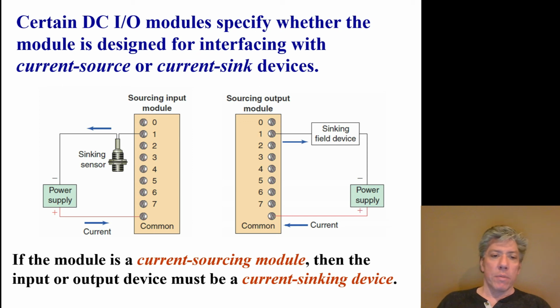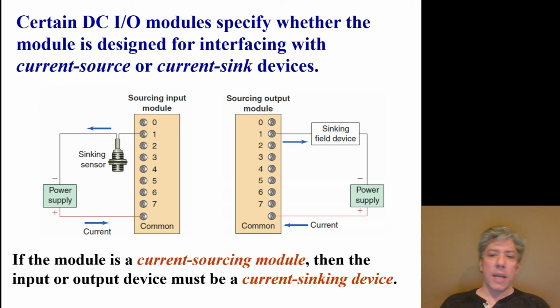Now, students make the mistake of calling the negative side ground, and I'll make that mistake too as time goes on, I'm sure. But really, there's a difference between ground and common, although sometimes they're tied together in a DC power supply. But ground is really the electrical wire that's somewhere outside of the building. There's a rod driven into the ground, and that's why it's called ground.